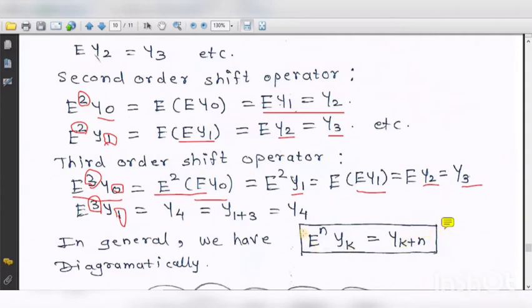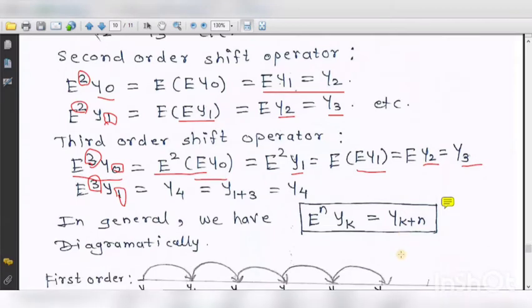In this way we can apply this formula directly in the examples, and we need it when we use this shift operator to find the missing value in the table. So at that time you can make use of this formula directly.